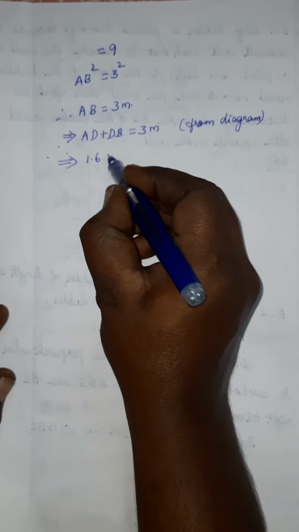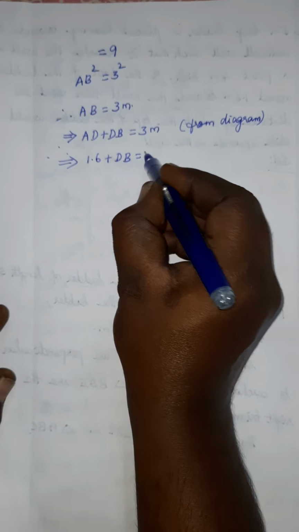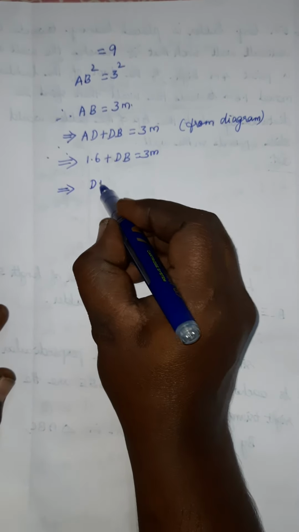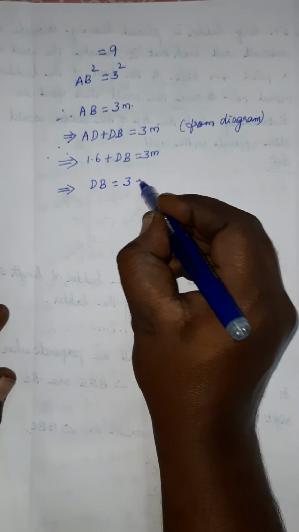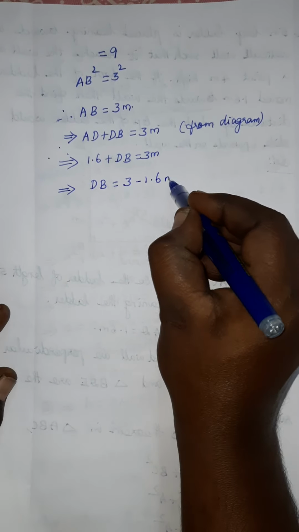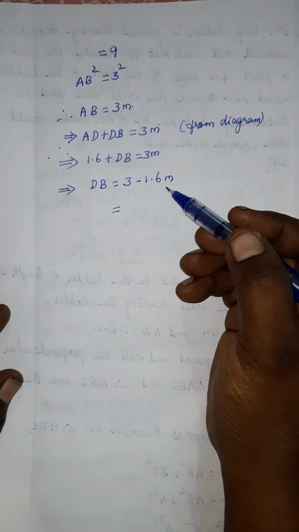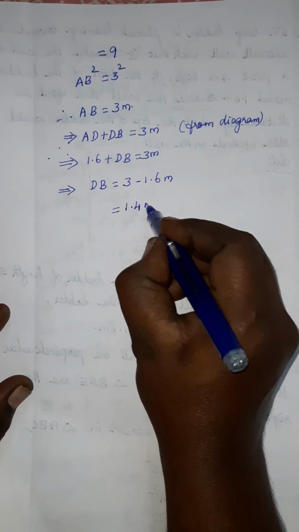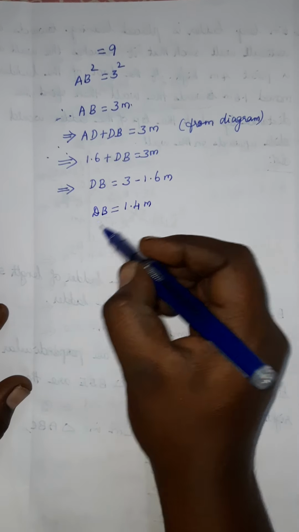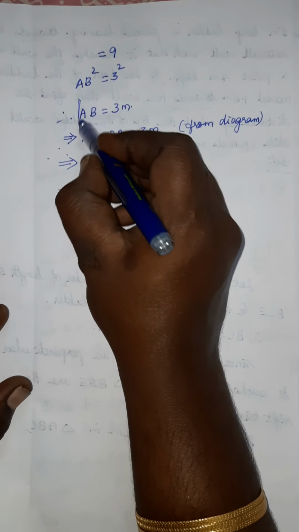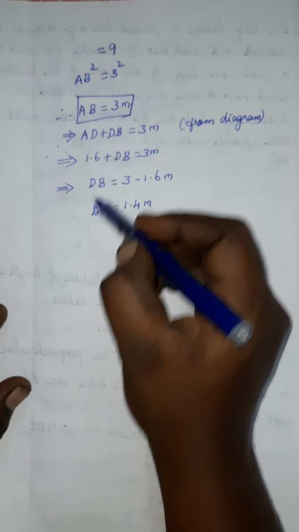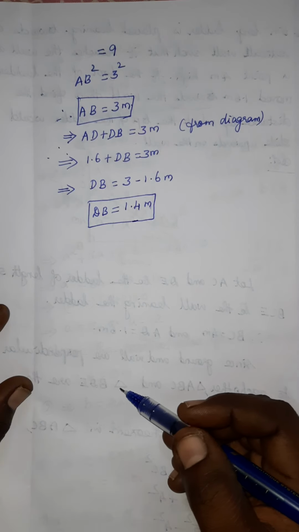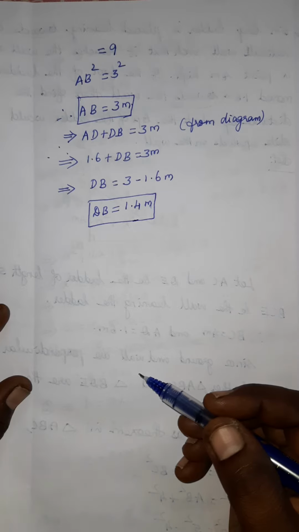It is 1.6 plus DB is equal to 3 meter, which implies DB is equal to 3 minus 1.6 meter. 3 minus 1.6 is 1.4. So DB is equal to 1.4 meter. So we get AB value. From AB we found the DB value.